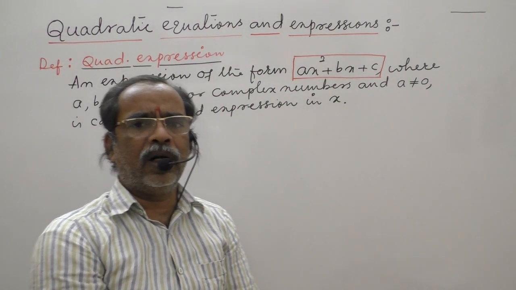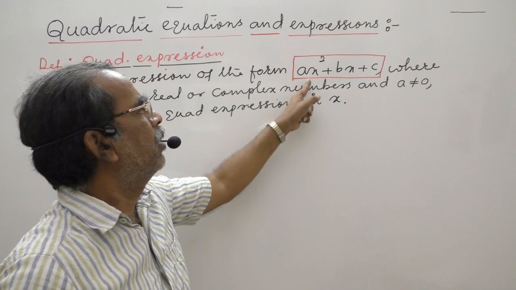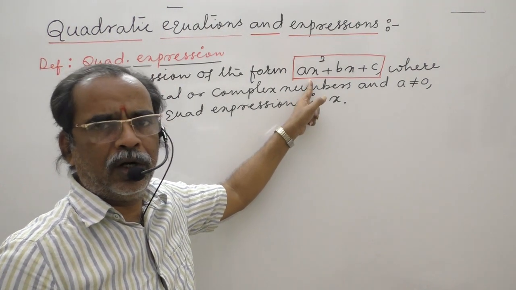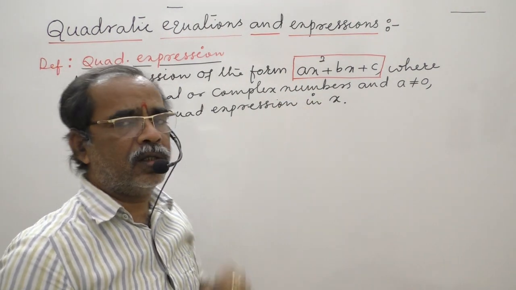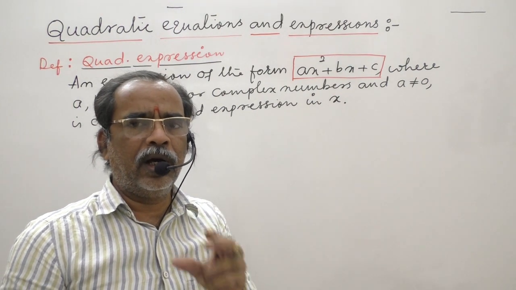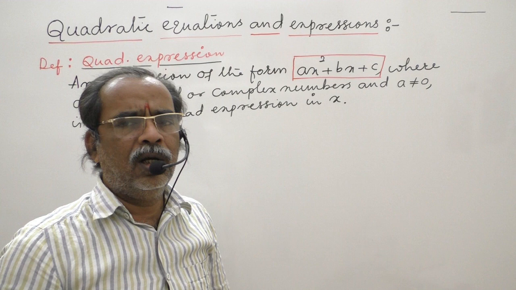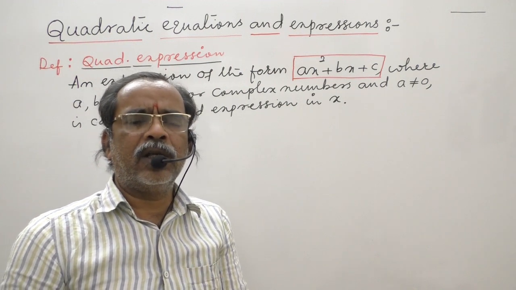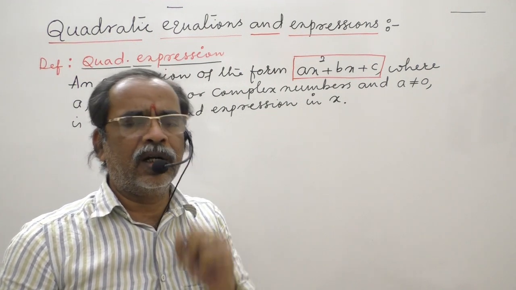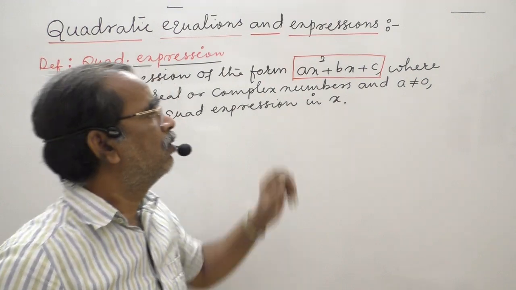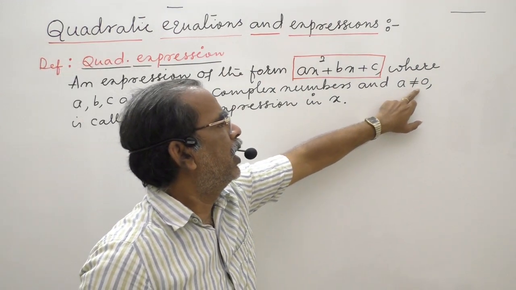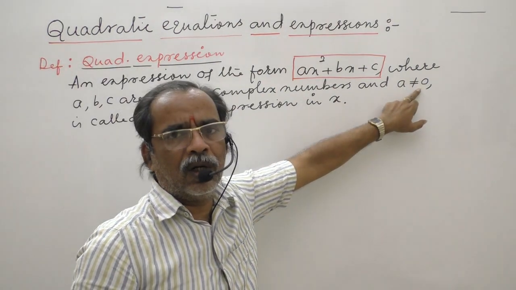What is quadratic? Quadratic means a polynomial of degree 2. What is the degree of a polynomial? The highest power of the variable is known as its degree. Quadratic means it is a polynomial of second degree. For that reason only I have written a not equal to 0.